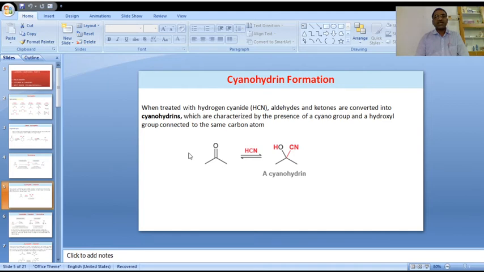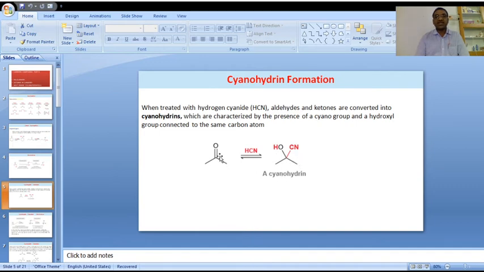When treated with hydrogen cyanide, HCN, aldehydes or ketones are converted into cyanohydrins, which are characterized by the presence of a cyano group and a hydroxyl group connected to the same carbon.